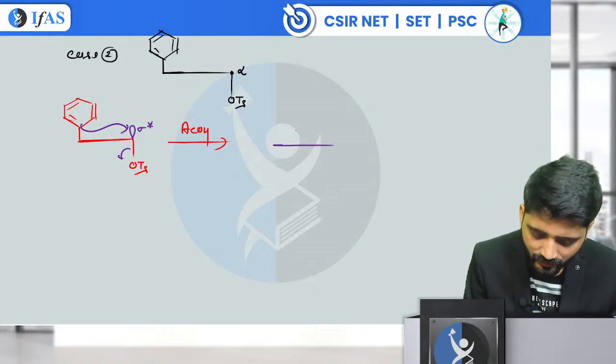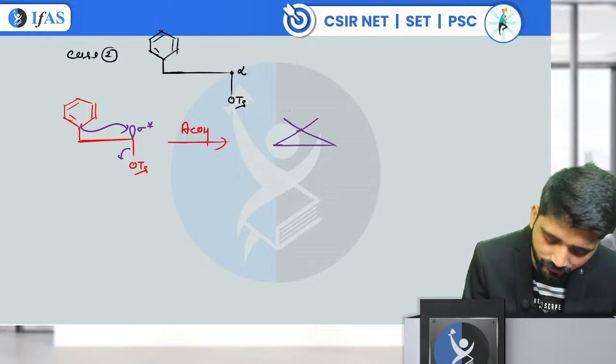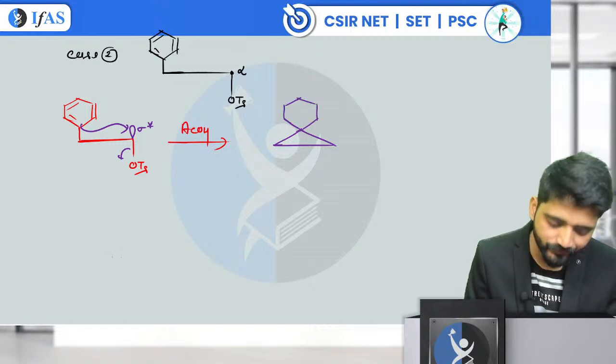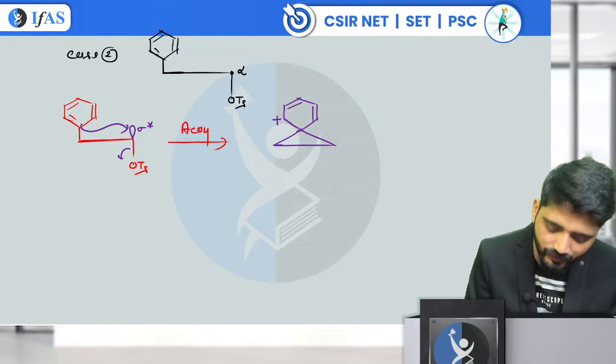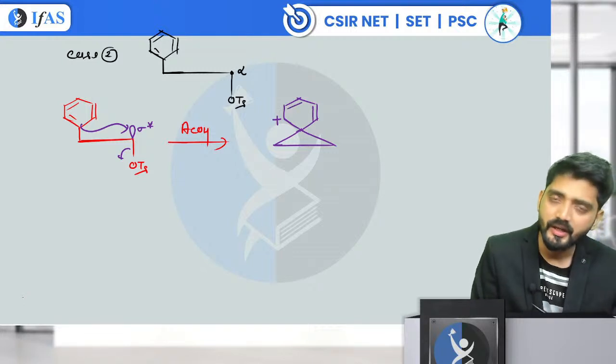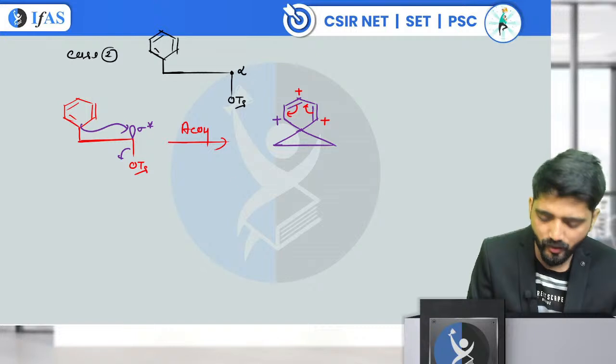Once this happens, we will be forming a 3-membered ring, and a 6-membered ring will be attached from this center. Since the double bond has attacked, positive charge will be present here and a double bond will be here. If I draw the resonating structure, this double bond shifts here, so the positive will be formed here. If this double bond shifts here, the positive will be formed here.